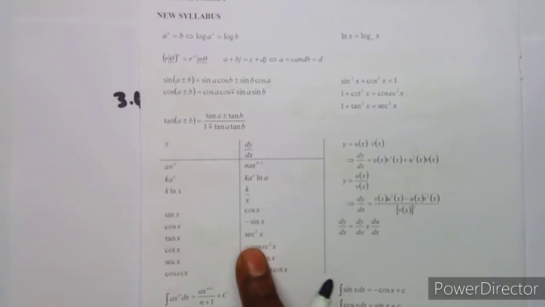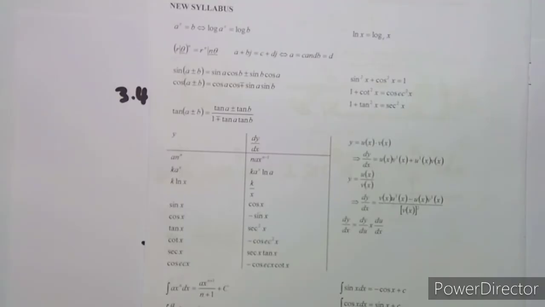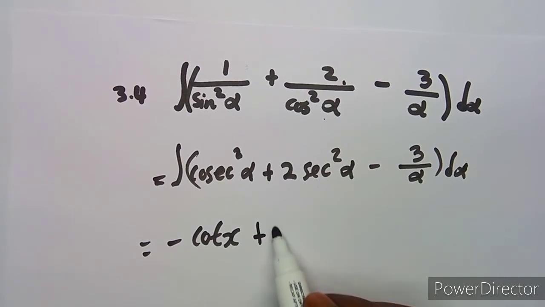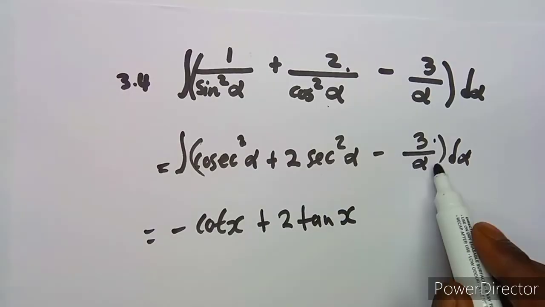Sec squared, the opposite is going to be tan. Remember, integration is the reverse of derivative. Tan gave us sec squared. So if we integrate sec squared, we obtain tan x. Okay, so this is going to be plus 2 tan x, minus 3 over alpha.